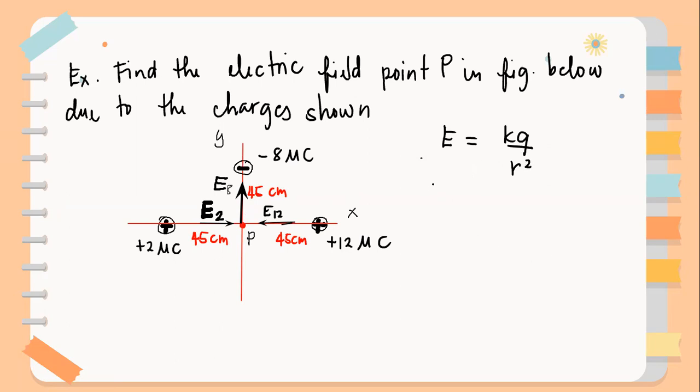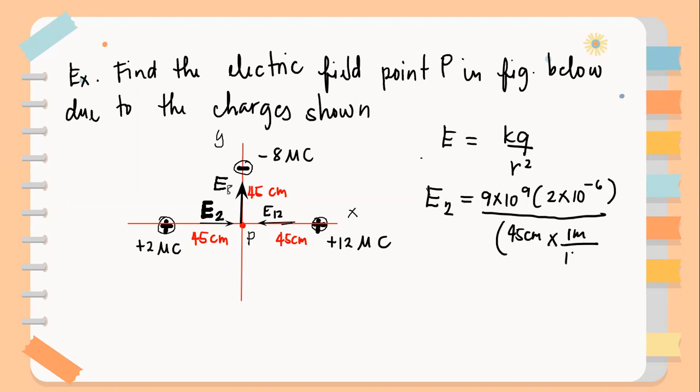Now for E2, the electric field for 2 microcoulomb, that is equal to 9 times 10 to the 9, then your charge is 2 times 10 to the negative 6 over the distance of 45 centimeter, 45 times 1 meter over 100 centimeter squared.